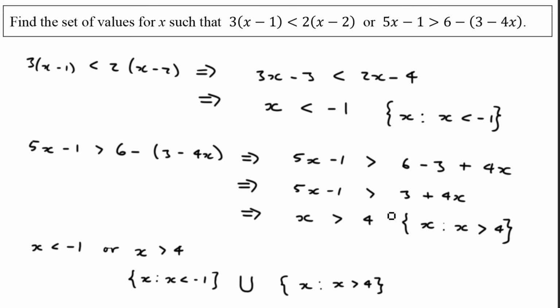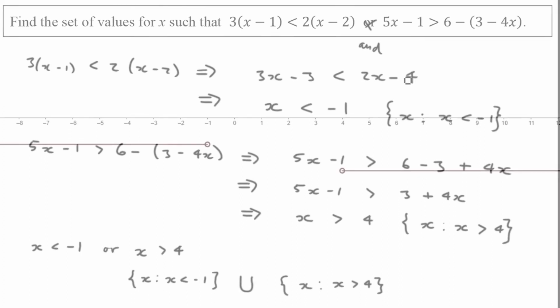It's the same as the previous one but upside down. It's a little bit like a large capital letter U. Notice that if this question had been an AND question instead of an OR question, then in this case there would be no solutions. We can see that because the two solution sets to the individual inequalities have no values in common.